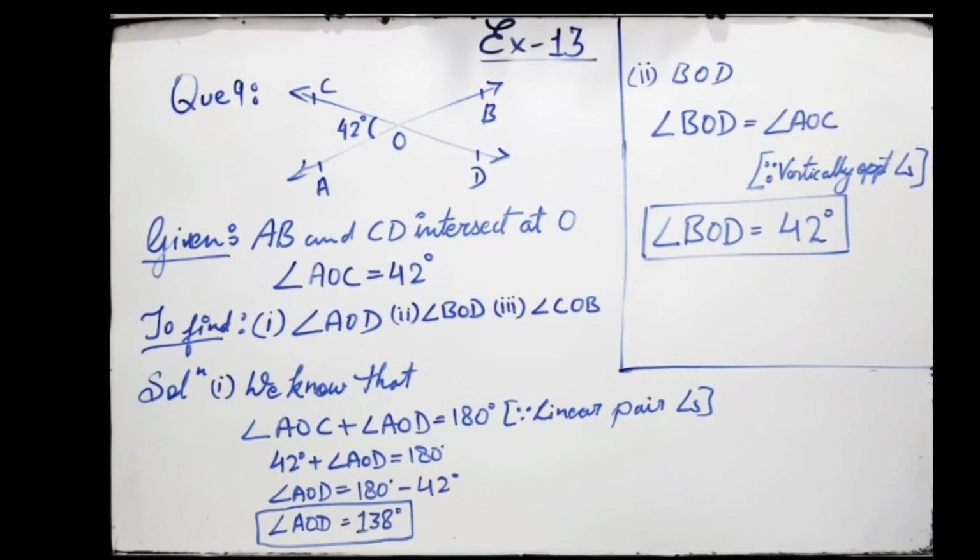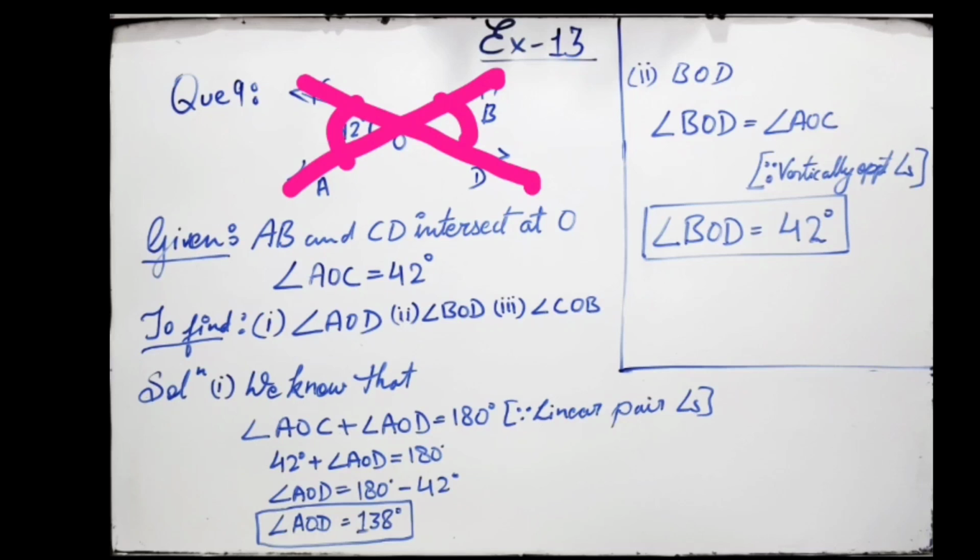Now angle BOD. So we can see from the figure that AB and CD are intersecting. So angle AOC and BOD are vertically opposite angles. We know when two lines intersect, vertically opposite angles are equal.